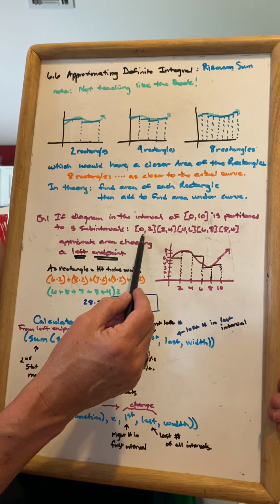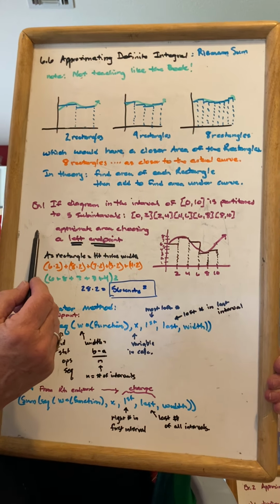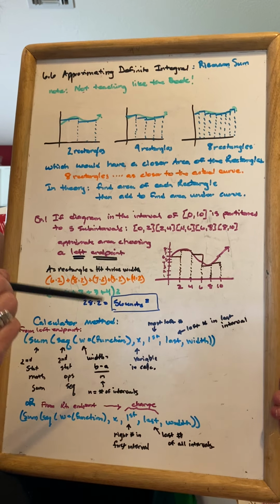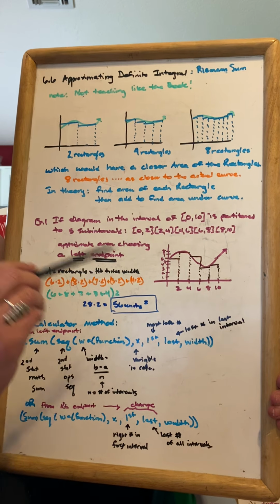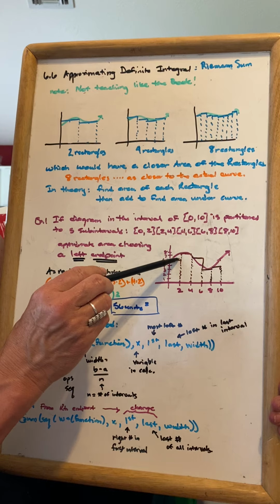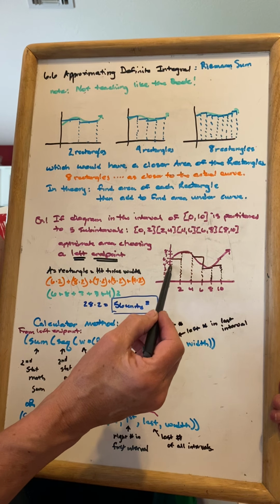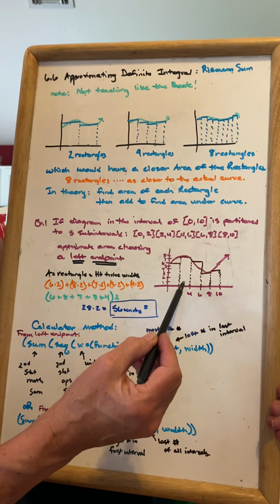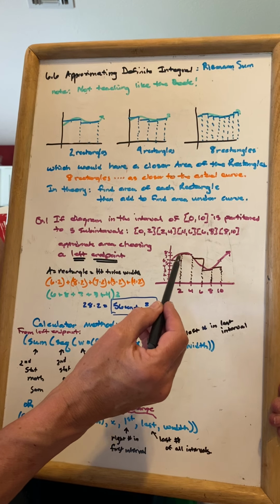Anyhow, I found by approximating the area, choosing a left endpoint. When they say choosing a left endpoint, that means your rectangle's left side is going to come out and come down. So technically, this is the shaded area of that rectangle. In this one, it was fairly flat.